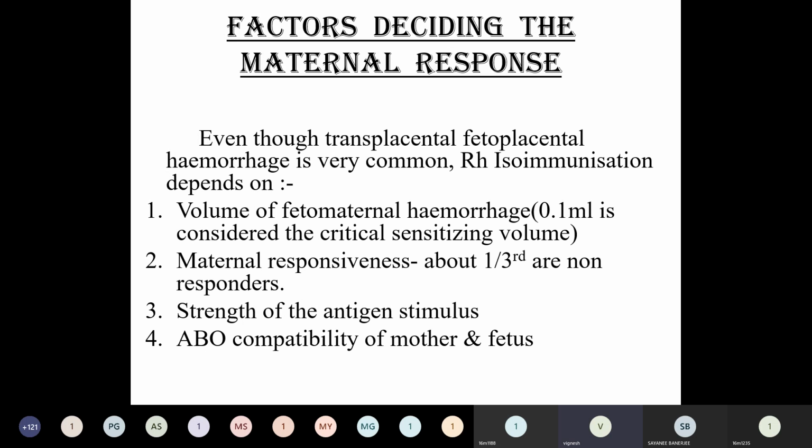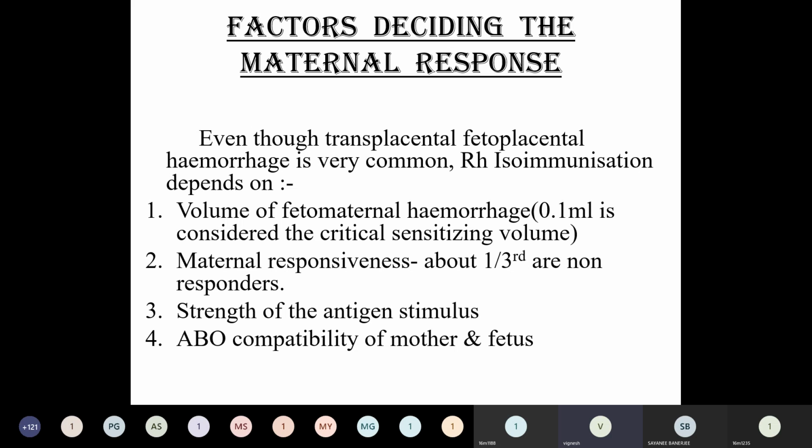So even though there is an immunogenic response, all mothers do not produce antibodies. Even though the transplacental fetoplacental hemorrhage is very common, RH isoimmunization does not occur in every woman. So RH isoimmunization depends on various factors.